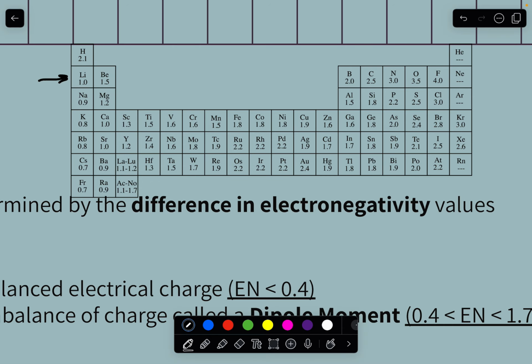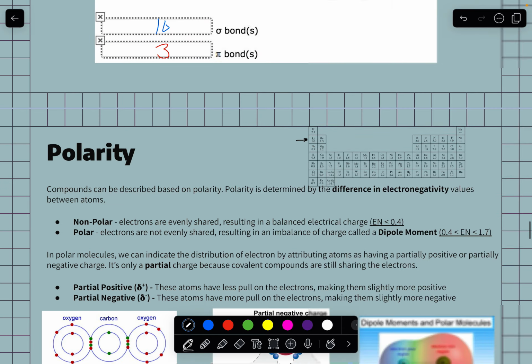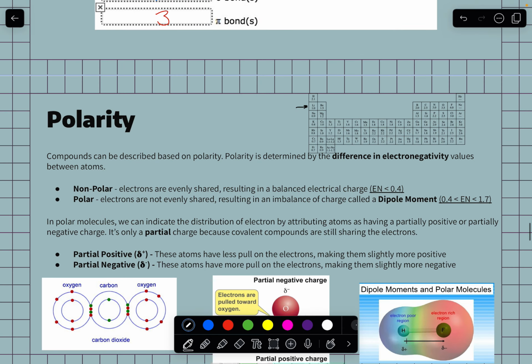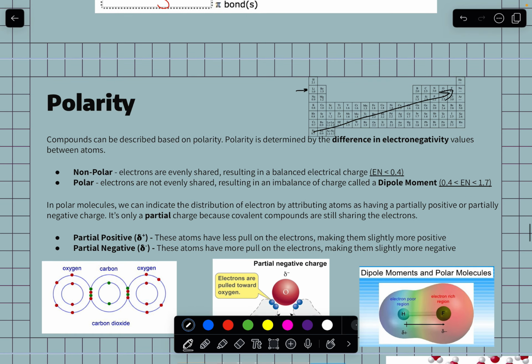But what we're looking at is a difference in the electronegativity. And remember, electronegativity is higher in the top right with fluorine, and it's lower in the bottom left. But we have two different types of polarities. We have nonpolar and we have polar. Non-polar is more balanced. So more balanced charge has an electronegativity difference of 0.4 or less.